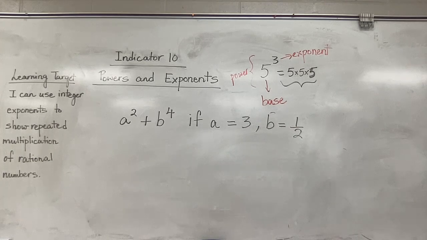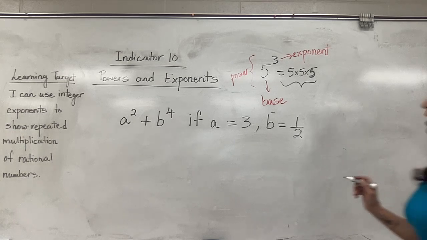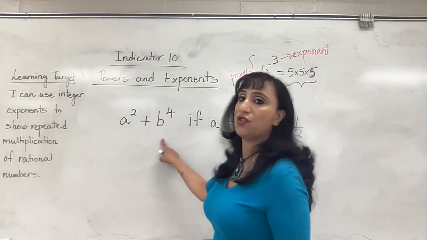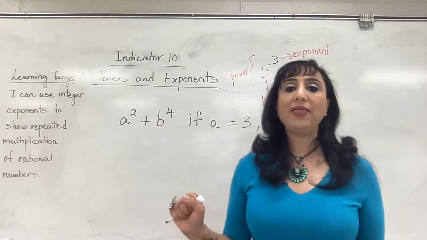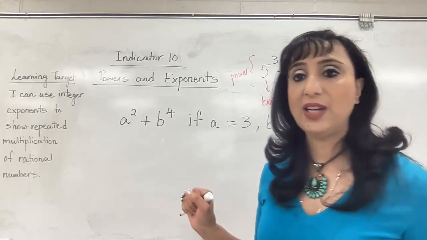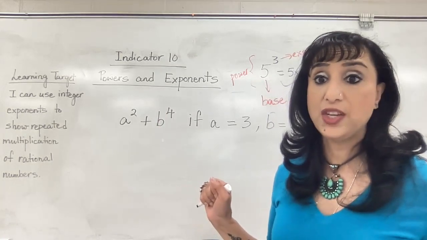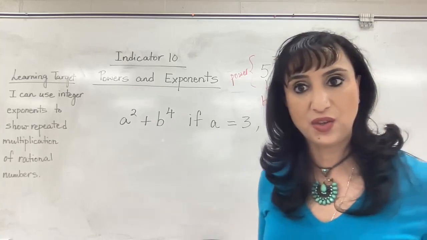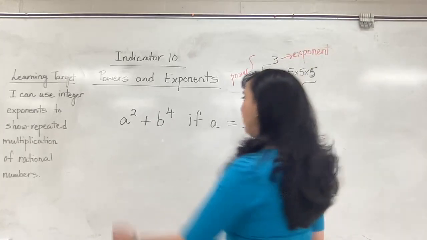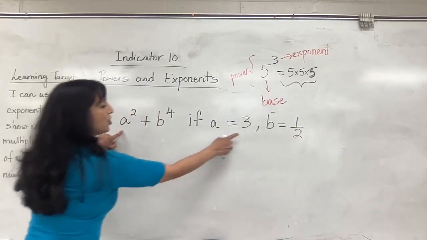So before we can evaluate this, we are definitely going to look at how many times the factors are repeated. We can see a is repeated 2 times, b is repeated 4 times. And then we've also been given the values of a and b. So we are just going to go ahead and substitute those values, okay? So if it's saying a squared, a is 3.